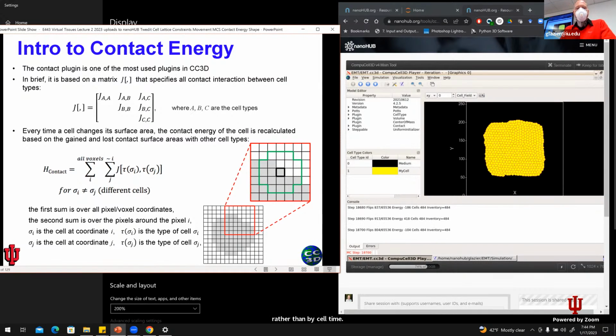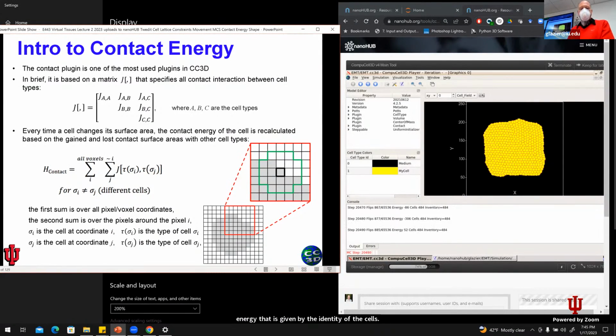If you're interested in the mathematics, there's a simple formula. And if you're really a physicist, this formula is basically the Ising model, which says that if I have two cell voxels that are at the boundary of a cell, they contribute an energy that is given by the identity of the cells on either side.